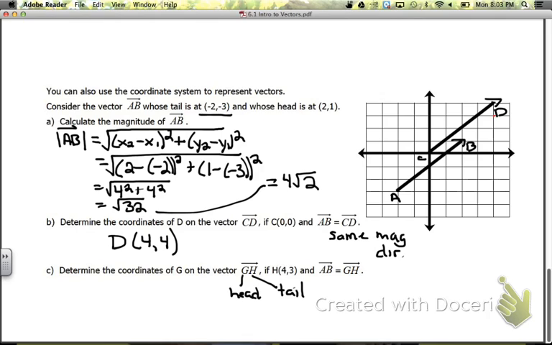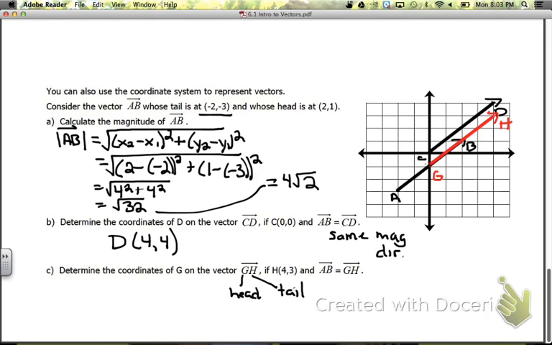Okay, so this one here is H. And now we need to find, well, where is G? So we have to go backwards in this case. So instead of going up, we're going to go down 4. So 1, 2, 3, 4. And we're going to go left 4. So 1, 2, 3, 4. So you notice that G here lands right on AB. So we can connect G and H. Make sure we have our arrows.